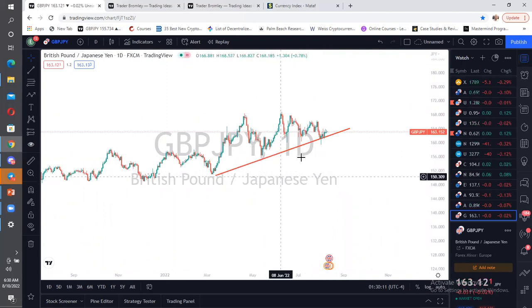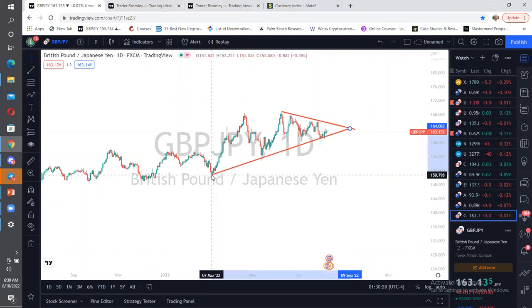All right. And also we'll have this as a wedge pattern. Coming down. Okay. I'm going to take this further down to this level.